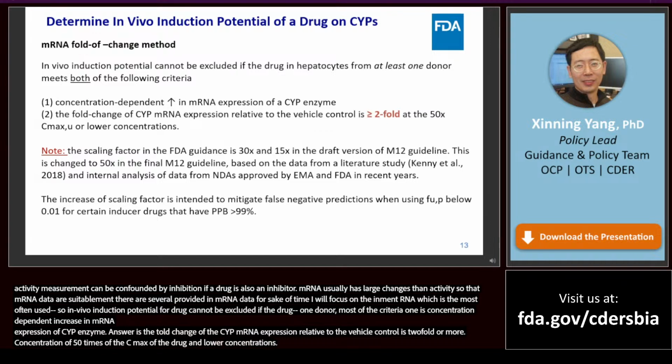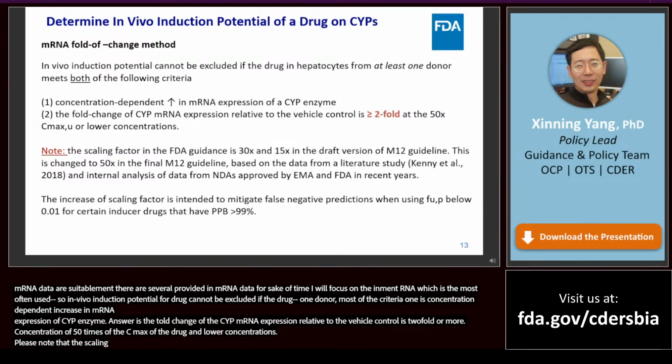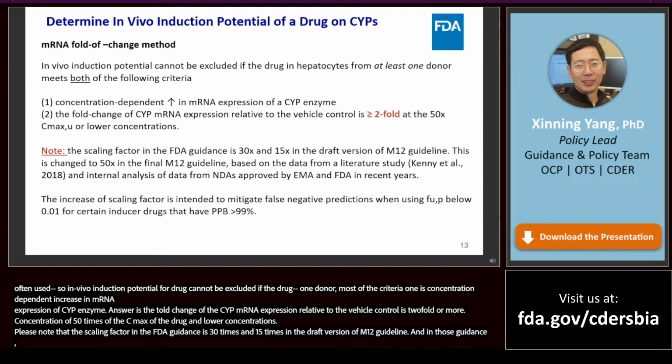So please note that the scaling factor in the FDA guidance is 30 times, and 15 times in the draft version of the M12 guideline. And in those guidances, the fu,p was capped at 0.01.